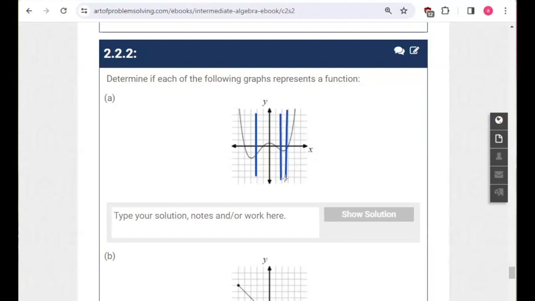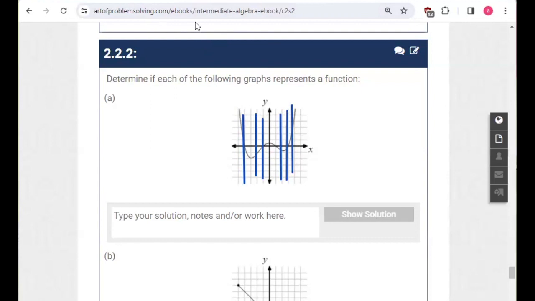Yeah. That means it's a function. If you can draw a vertical line and it only touches the function once, it's a function. In other words, X does not repeat. There's only one value for every X. Is that understandable? Yeah.